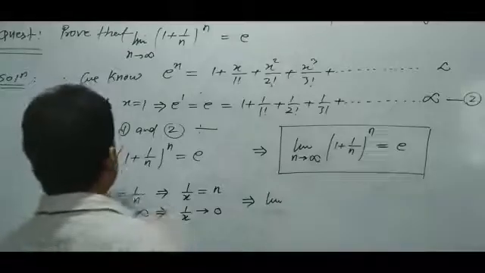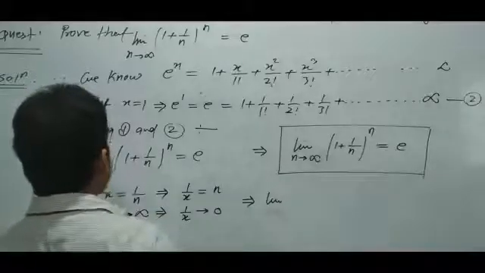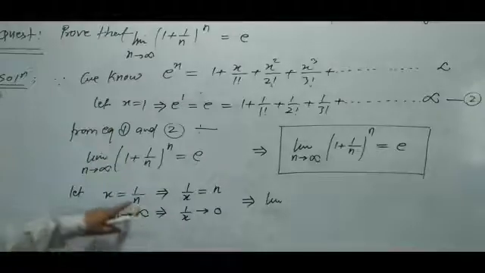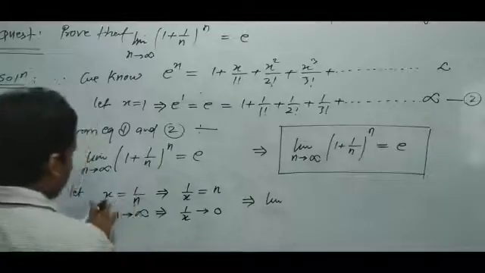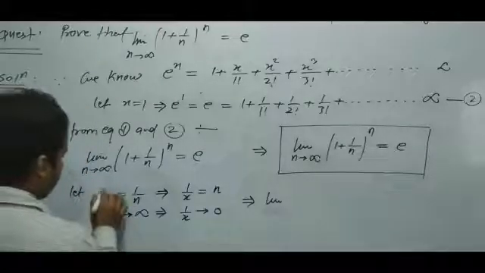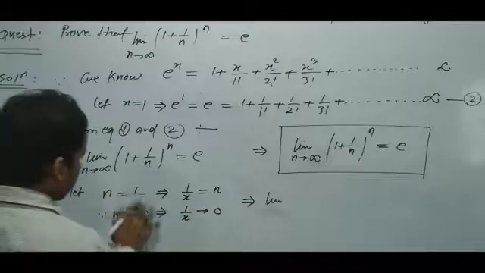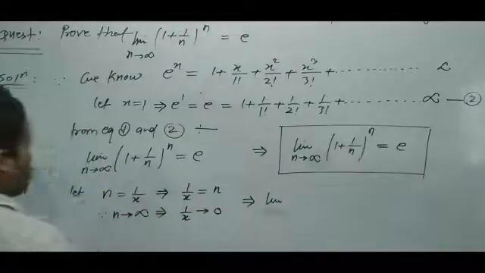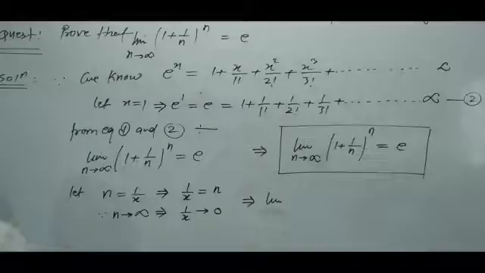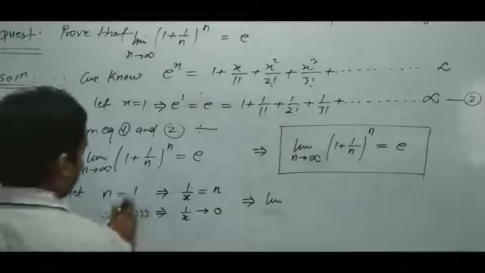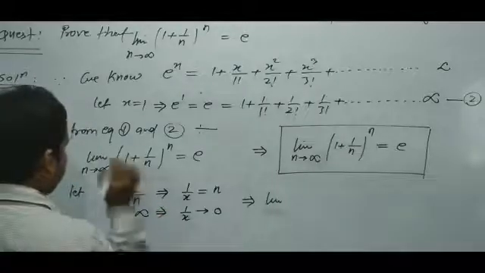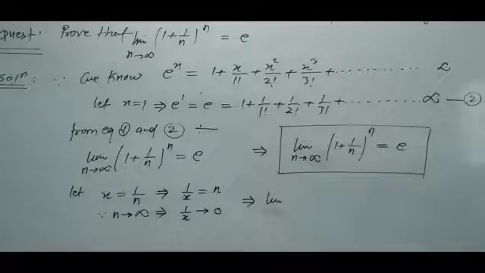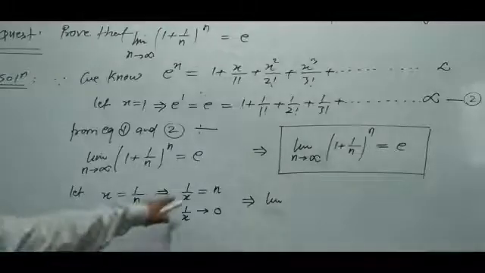We have considered x is equal to 1 by n, so when n is considered as 1 by x, this is the same process. So 1 by x I can consider n.